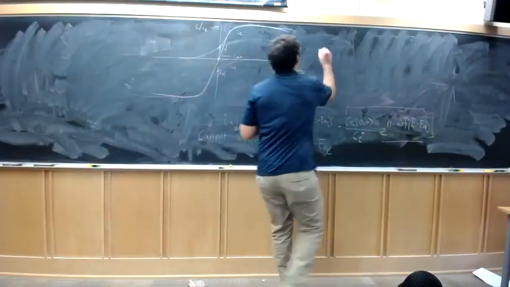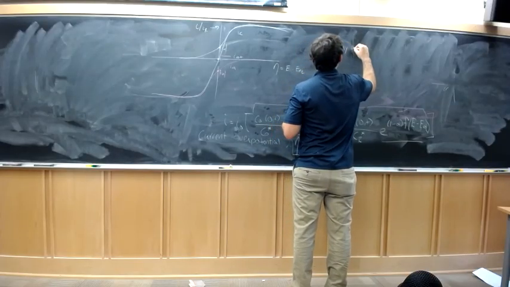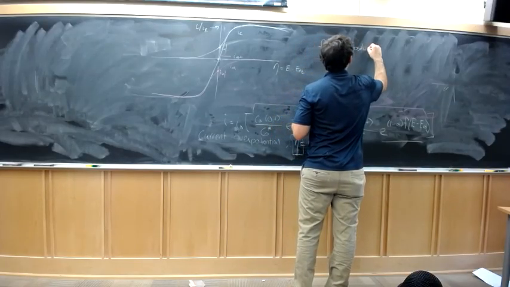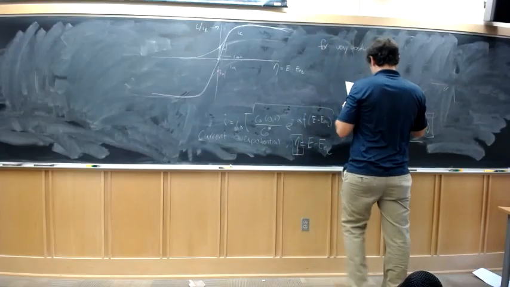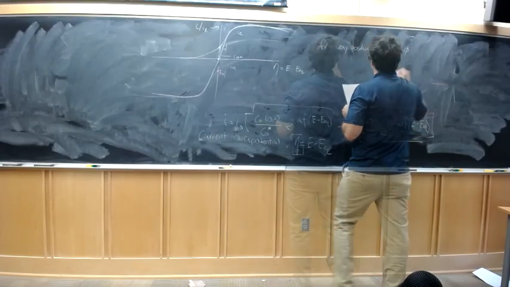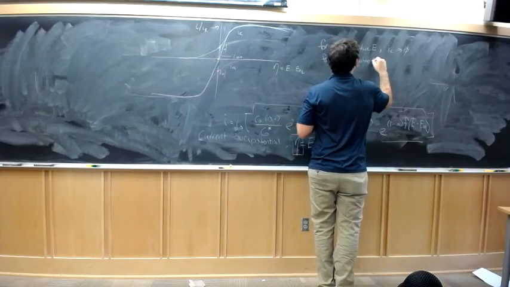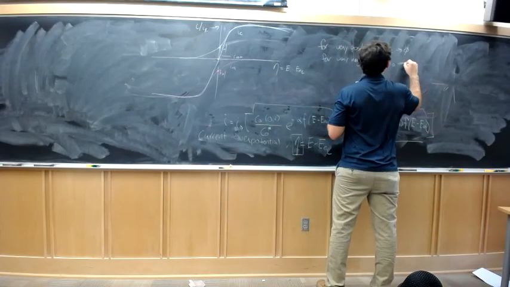So just for your notes, for very positive E, I_C goes to 0. For very negative E, I_A goes to 0.